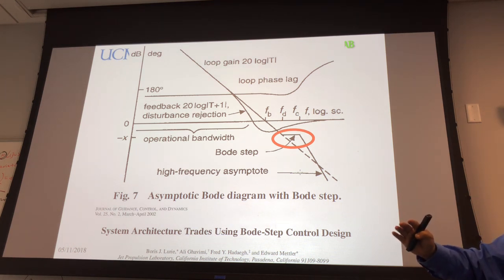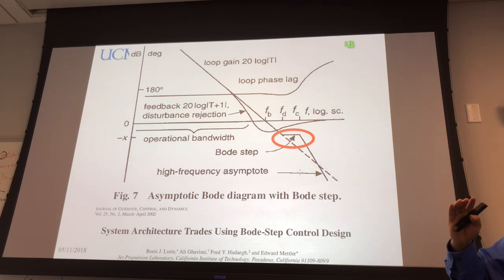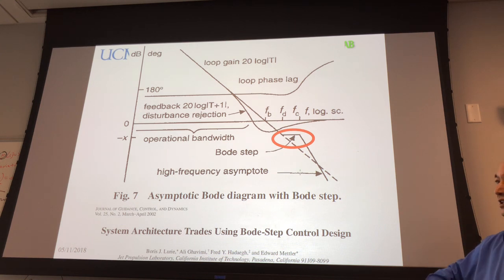Okay, 1 over s to the power of 1.6, to cross over with that reduced rate. Then after that, you should just keep it flat for a period. Then you go down very aggressively. So that's what we call asymptotic Bode, using a Bode step concept.